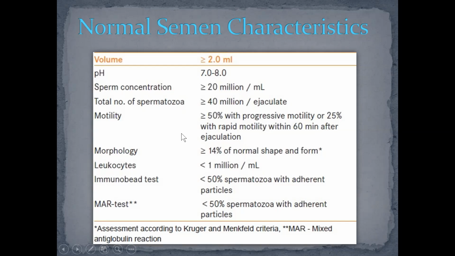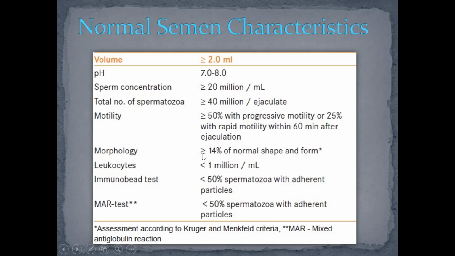Motility. In the semen analysis, there should be at least 50% of sperm cells with progressive motility, or 25% with rapid motility, within 60 minutes after ejaculation.